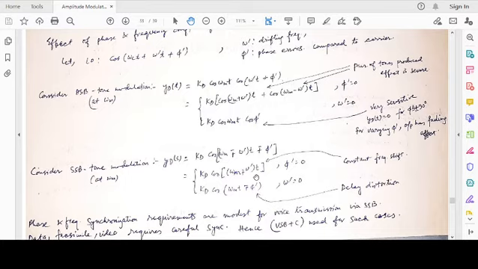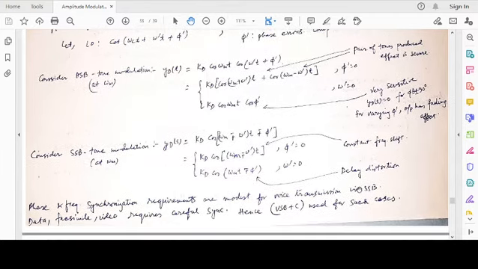Not that severe an effect. When omega prime is 0, then what you have is k d cosine of omega m t minus plus phi prime. This means that there is a delay distortion. So phase and frequency synchronization requirements are modest for voice transmission via SSB.